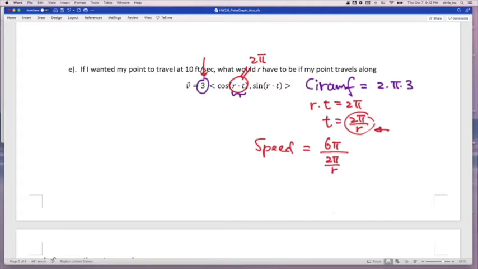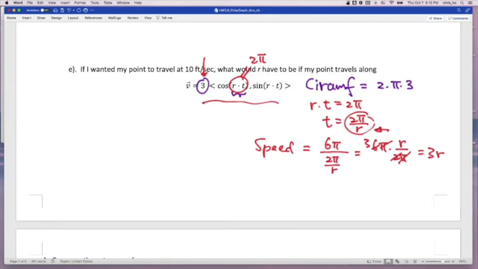I have a fraction divided by a fraction, so I can just multiply by the inverse of the denominator fraction, so that becomes r over 2 pi. Pi cancels, this becomes 3, so it's equal to 3r. So based on these parameters, my speed is equal to 3r.